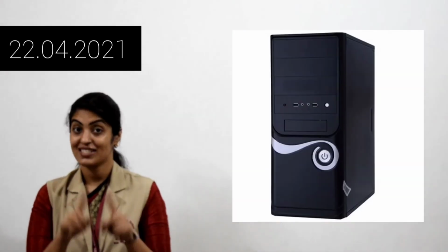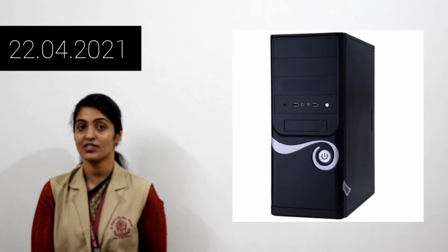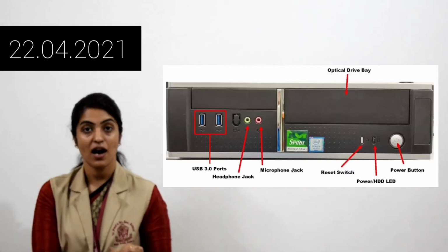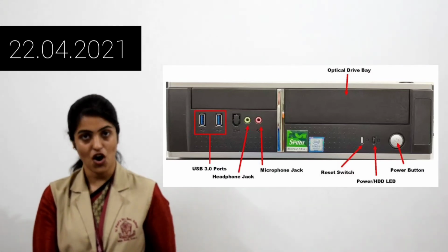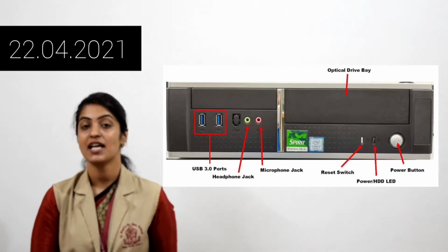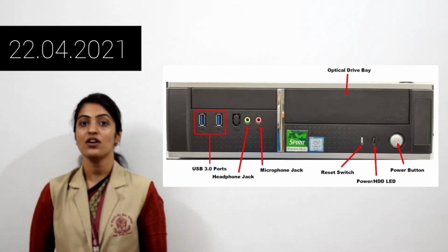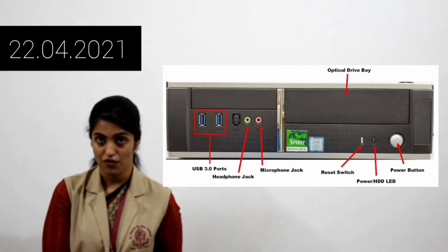Now, let's see an image of CPU box. CPU box contains a power button. What for? To switch on the computer. Then a reset button to reset or restart the system without switching it off.